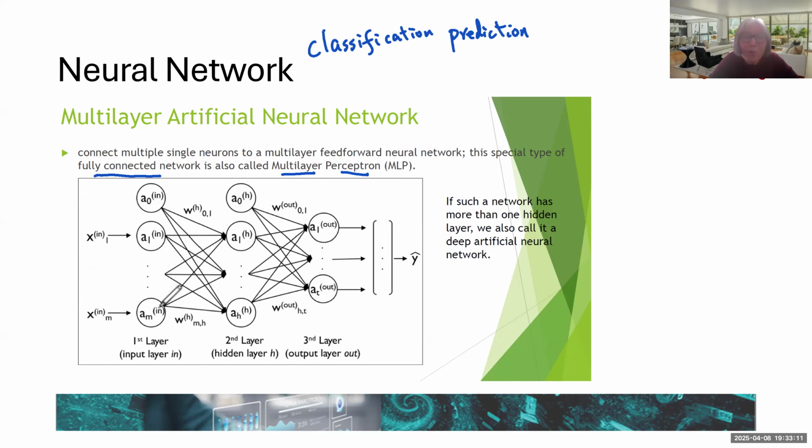For each of the features, you also have a bias term. So you can represent, basically here, A0 to AM, it's X0 to XM, and this corresponds to the constant term. We call this layer the input layer. So this is the first layer.